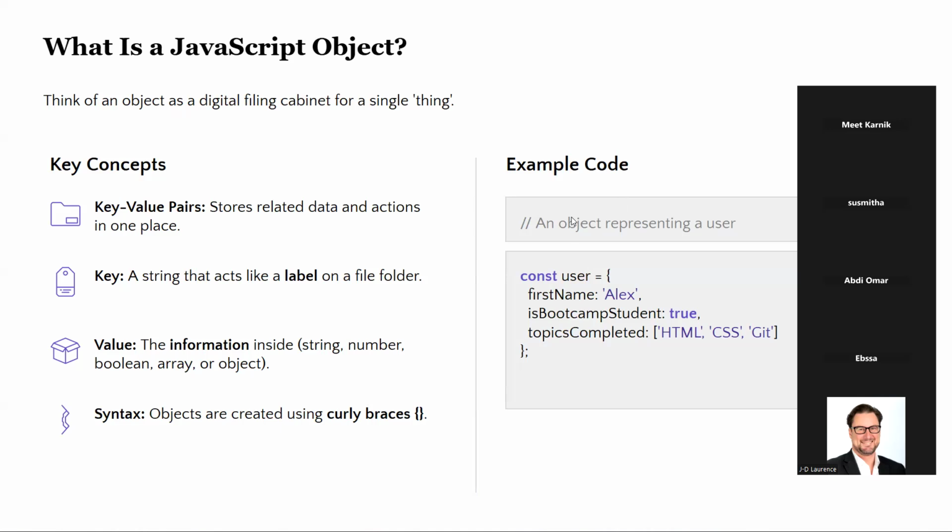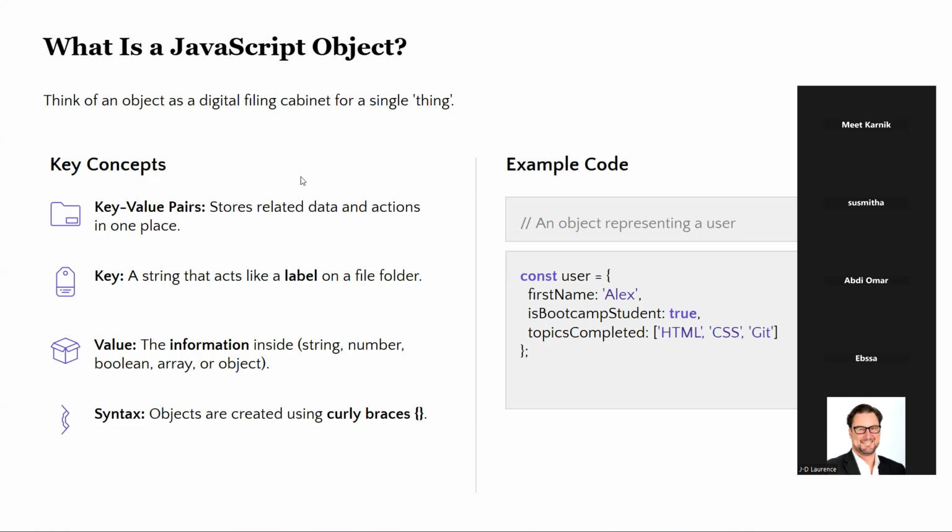The key is usually a string or an identifier that acts like a label, and the value is the actual data inside. That could be either a string, a number, a boolean, an array, or even another object. And syntactically, objects are written using curly braces.